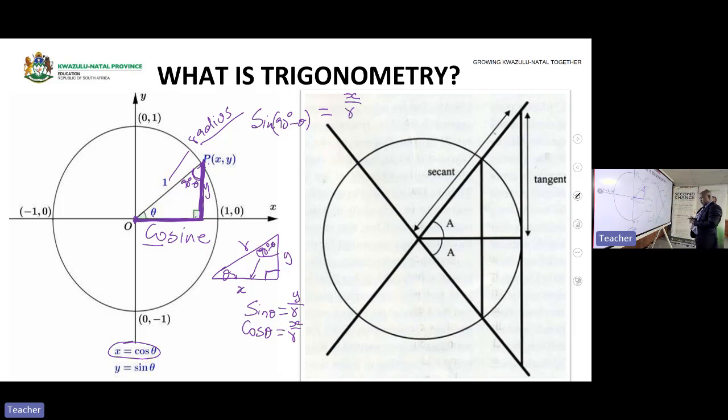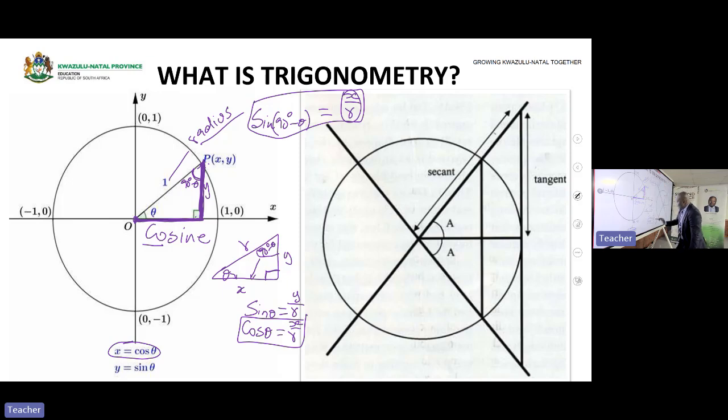X over r. I think we can deduce something here now. Cos of theta is x over r. But on the very same triangle, sine of 90 minus theta is x over r. So what does it mean? We can make a conjecture that if cos theta equals x over r and sine of 90 minus theta equals x over r, then these two are equal.